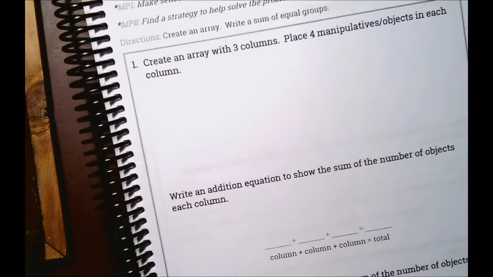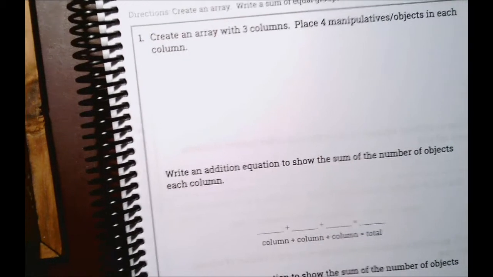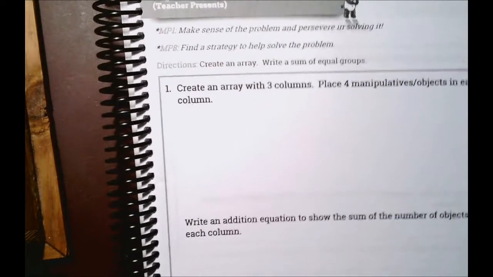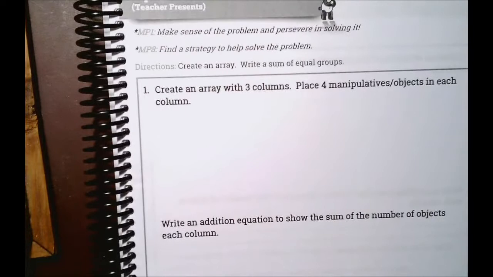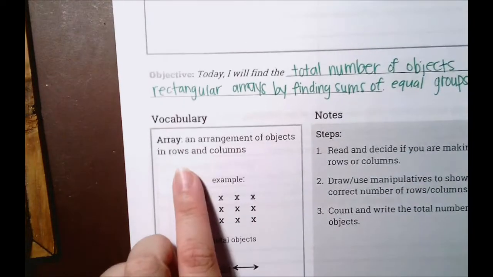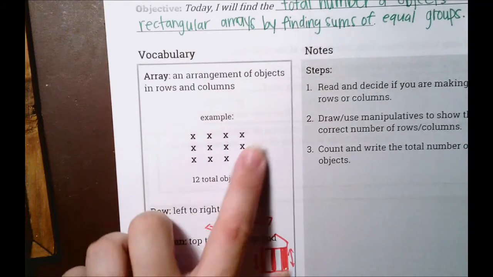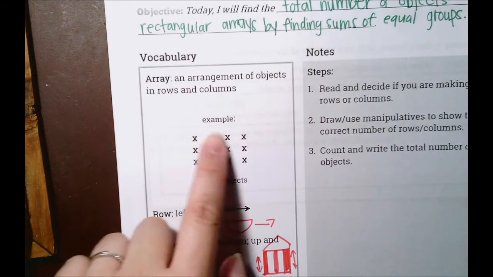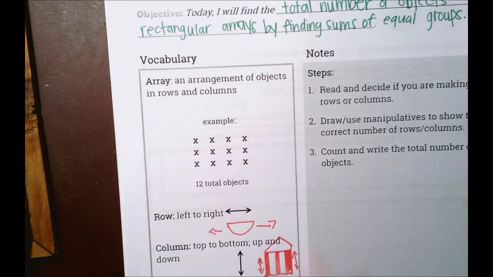So step number one says to read and figure out whether we're drawing columns or rows, right? So here is number 1. It says create an array. So remember, an array is an arrangement of objects in rows and columns. So here is my array. It's an arrangement of rows left and right and columns up and down.